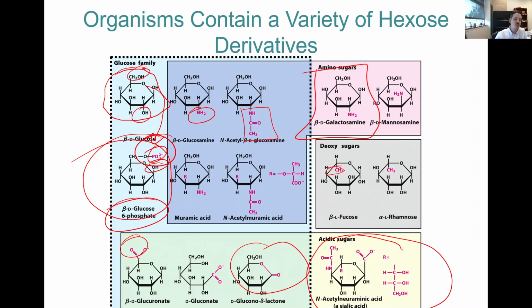Hyaluronic acid is one you may be familiar with as a moisturizer, because it attracts a lot of water, which I touch on at the tail end of Biochemistry 1, just as a mention, but I do talk about quite a bit in graduate biochemistry. So just be aware of these coming up. We're not going to go into these right now.